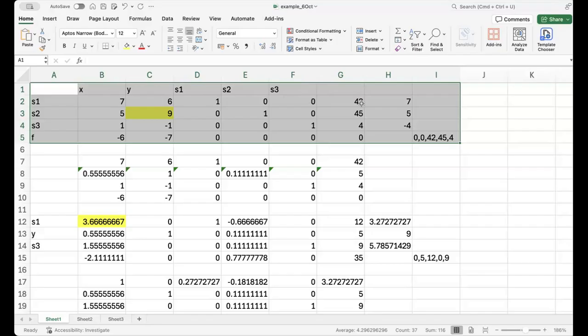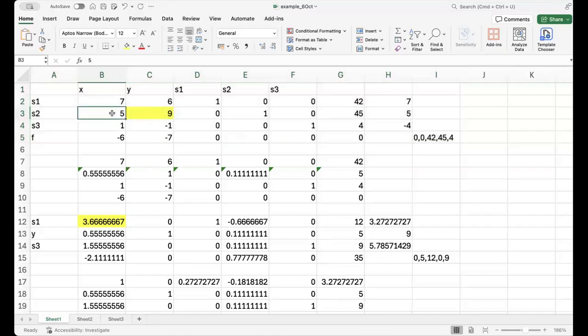Good. And for the second constraint, the coefficients are 5, 9, right? And because we add S2 to this inequality, of course, no S1, then it should be 0. And 1 here because we add S2, okay? And for S3, it's 0, right? And the right-hand side is 45, okay?